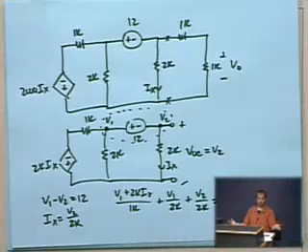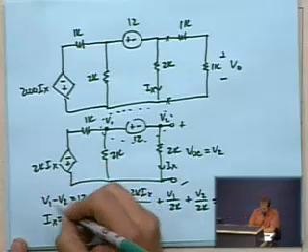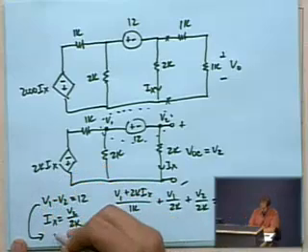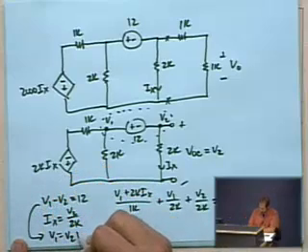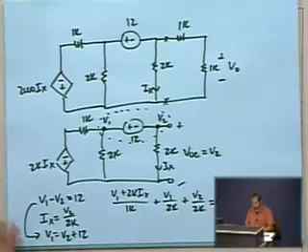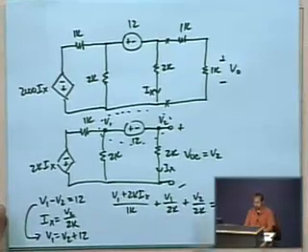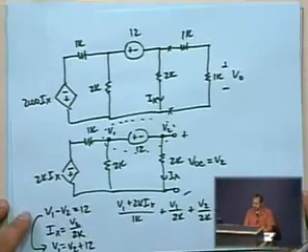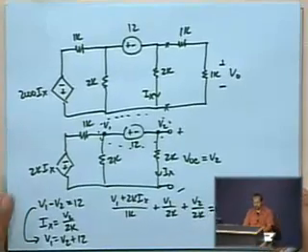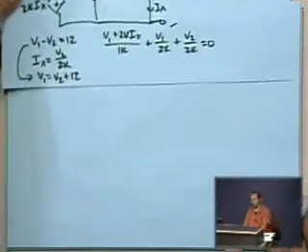That would be the easiest thing to do, give us the most useful answer. So let's rewrite this equation as V1 equals V2 plus 12. That will allow us to rewrite this node equation solely in terms of V2, get rid of all of the Ix's and stuff like that.